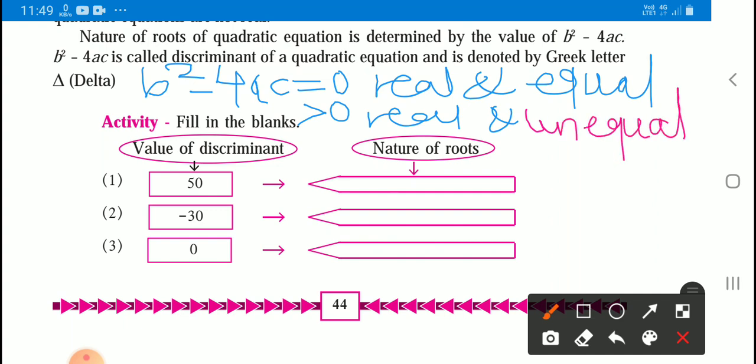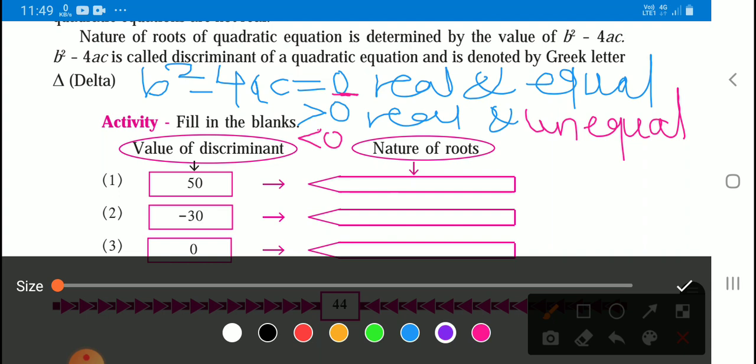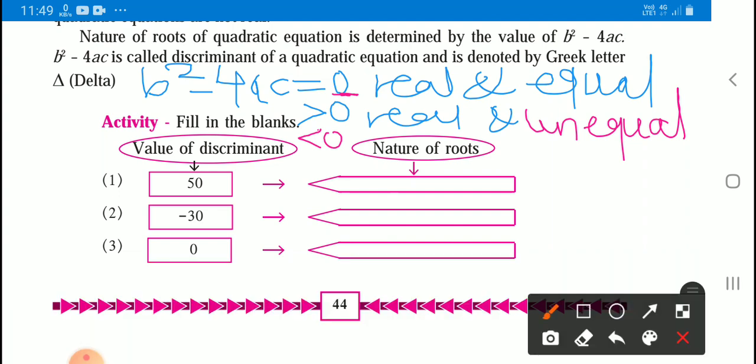Equal to 0 means that the value should be 0, then real and equal. Greater than 0 means all positive values, then the roots are real and unequal. And suppose it is less than 0, which means all negative values, then the roots of the quadratic equation are not real.